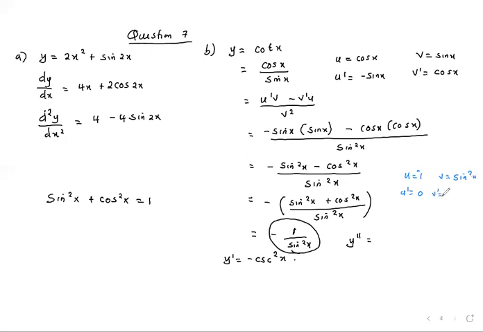So v prime is 2 sine x cos x. So when we come here, we'll be like u prime v, 0, minus v prime u, so it will be plus. So we'll have 2 sine x cos x over sine squared x, sine squared x.